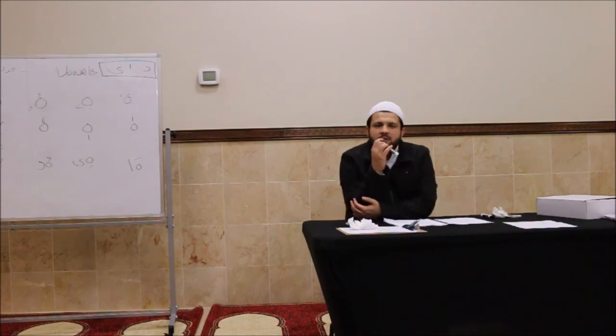Just one question, please. Does the mad sila appear only on the ha dhamir, the pronoun ha? When the pronoun ha appears, then the mad sila will occur there, when we talk about the third person, like rusulihi.